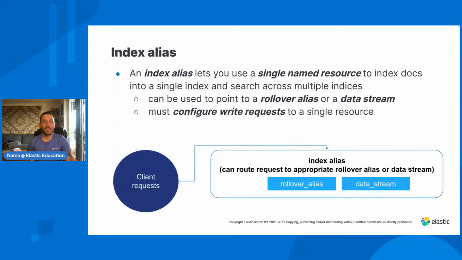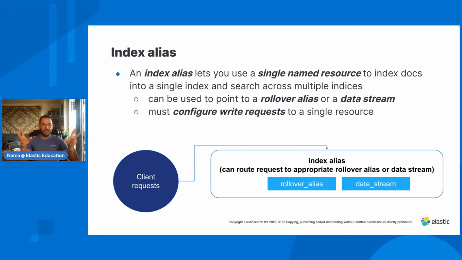The last piece to this is how do we communicate with our index from some sort of outside client? I don't want to give them the name of my indices. I want to give them a different named resource that they can use to communicate with my indices, because if I ever want to, I can turn that off and maybe point it to a different index or something like that.